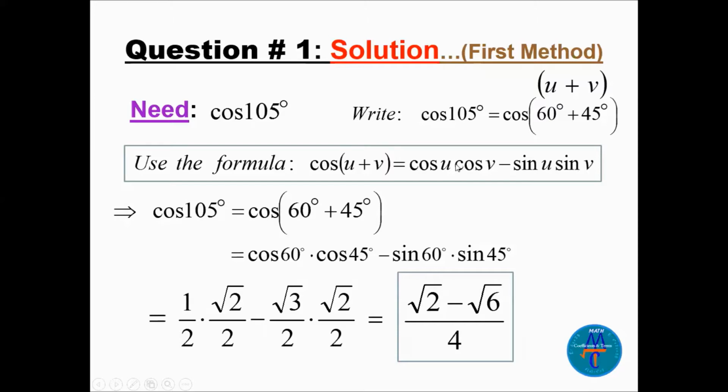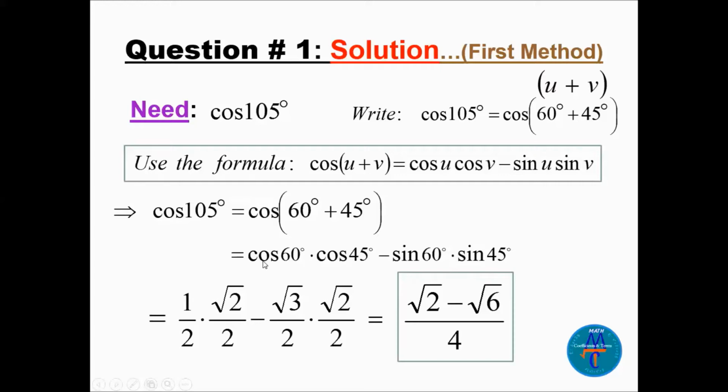I just apply directly. Cosine 105 will be cosine of 60 plus 45. Just apply the formula: cosine 60 times cosine 45 minus sine 60 times sine 45. All of these are special angles.